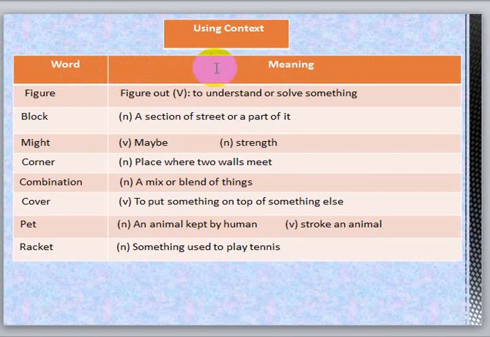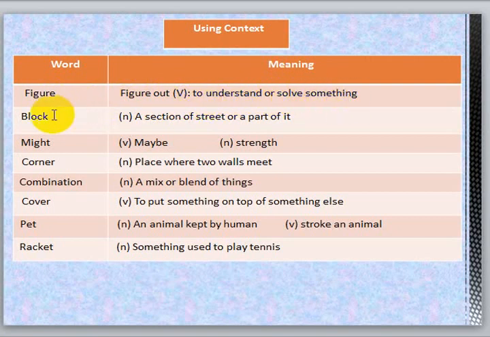I use the context to know the meaning of the word, whether it's a verb or a noun. Like number one, figure out. In the sentence, if you read figure out, it will be a verb. Figure out means to understand or solve something.